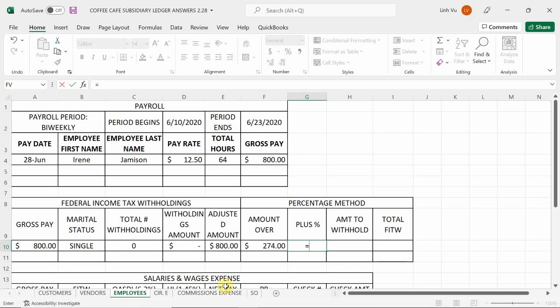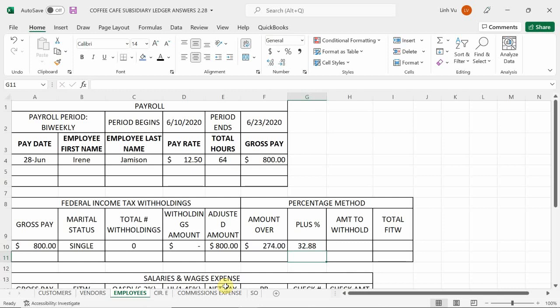That's why we have to calculate 12% of the amount she has earned over, the $274, because it's based on the amount over the $526 that the government lets you keep without getting taxed.